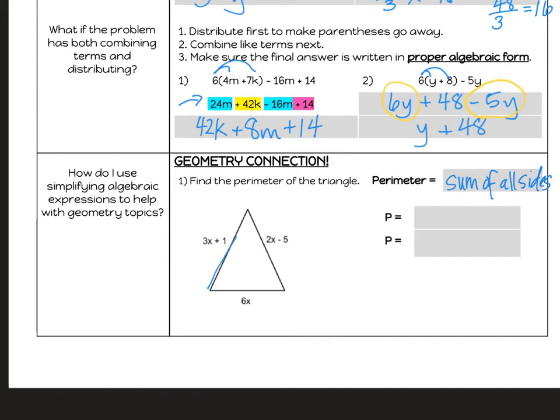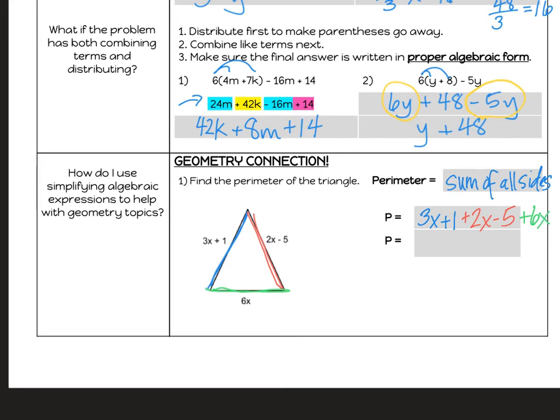And so what we have here for the three sides of this triangle is, I'm going to start off with this left side, so we have 3x plus 1. Then on this right side we have, and that's a positive 2, so I'm going to write plus 2x minus 5, and then for the base, the bottom, we have 6x, and that's positive, so I'm going to write plus 6x.